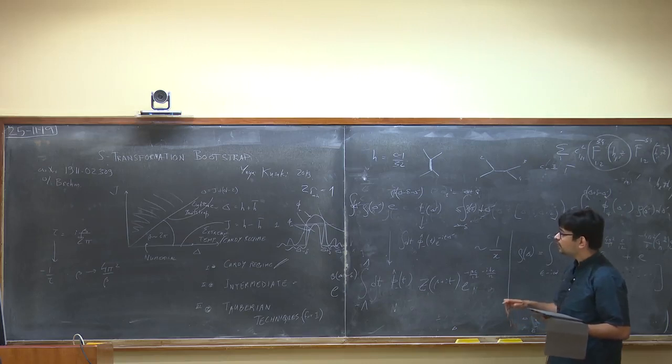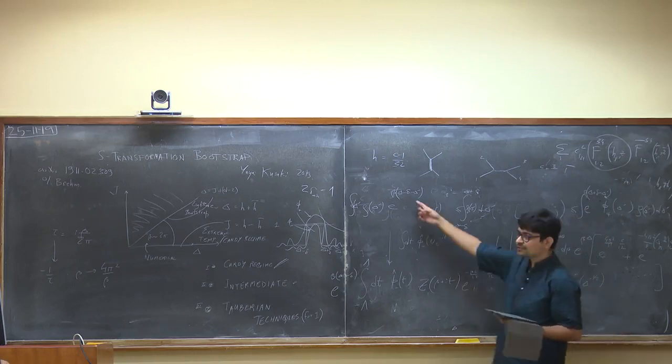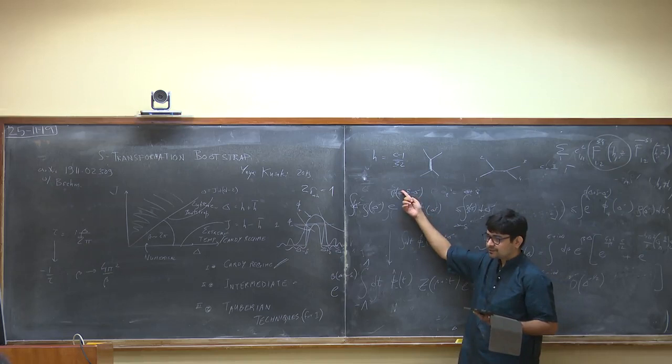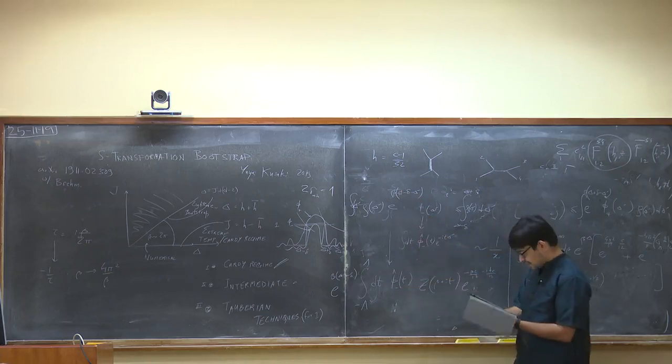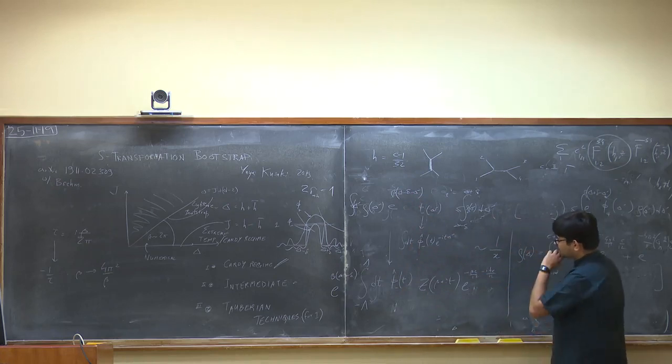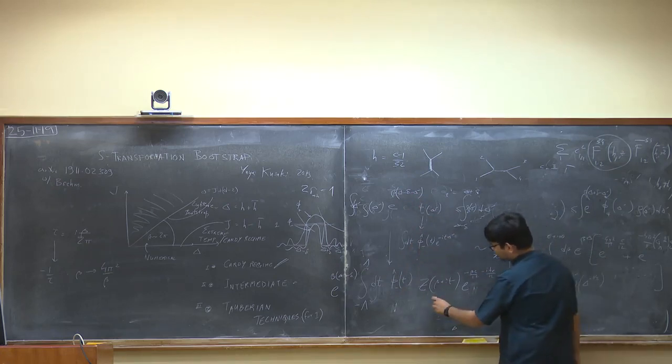For large enough capital delta, because we will also optimize this beta. I'll not state all the steps, but just a little bit. Next, one splits this into the vacuum contribution.